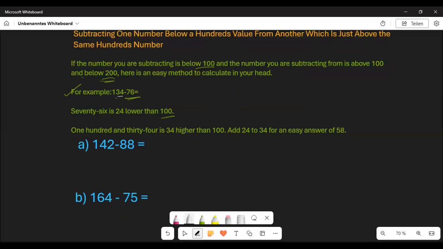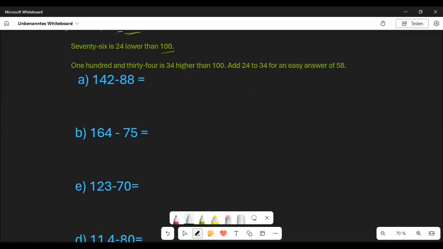Taking 100 as our reference number, the difference between 134 and 100 is 34. That is what we want to add to the difference between 76 and 100, which is 24.